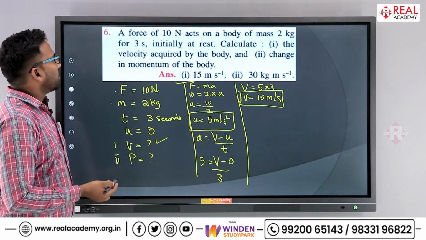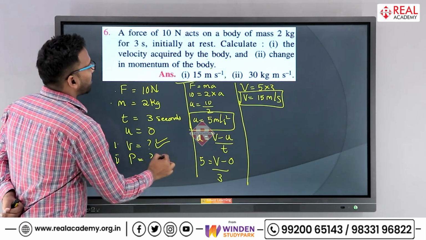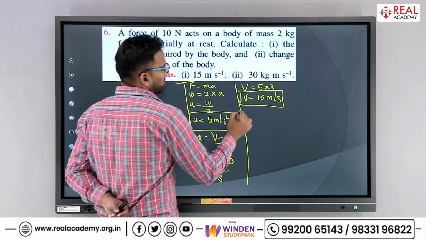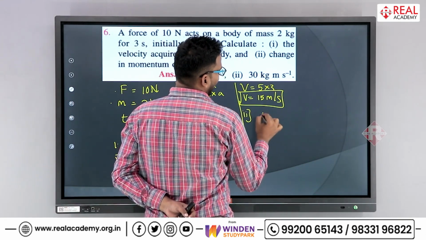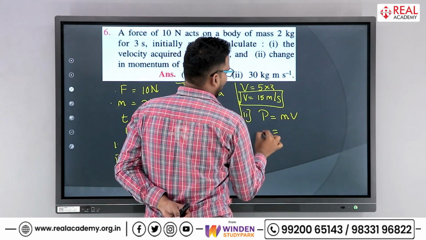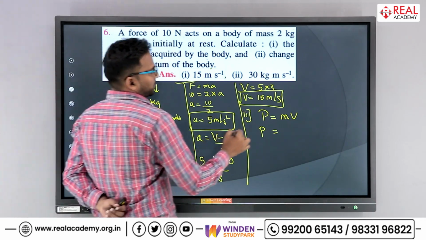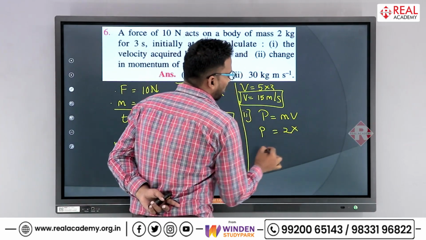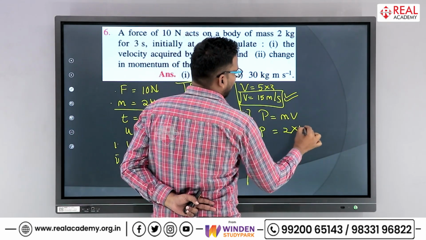Now next one. What have they asked us to find? Momentum. Change in momentum. That is denoted by P. P is mass into velocity. How much is the mass of the body? 2 kg. Right? And what about the velocity? We have just got the answer as 15.